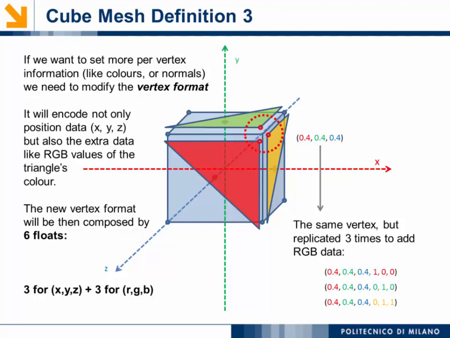That's what happens at the bottom here. The first three values are the x, y, and z for the position of the vertex. The other values are the RGB components of the color for that vertex. So now, for each of those entities that we call vertex, we have 6 values, not just 3.